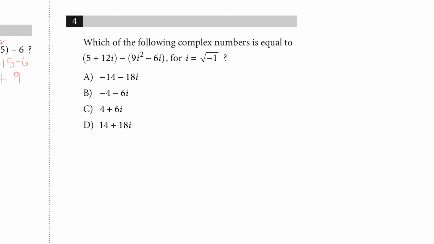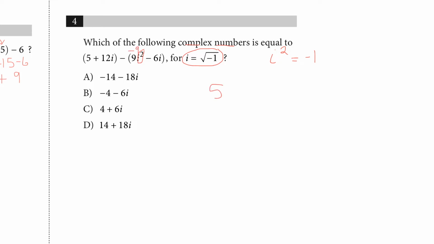Okay, problem number 4 says which of the following complex numbers is equal to this expression here. Now remember that i is equal to the square root of negative 1 by definition, so if we square both sides, then i squared is going to be negative 1. And I notice that I do have an i squared right here, so that's a negative 1. Negative 1 times 9, that's going to be a negative 9.